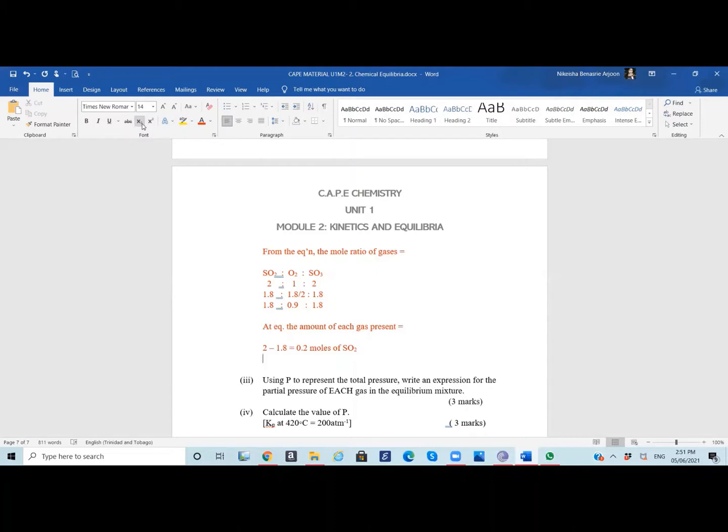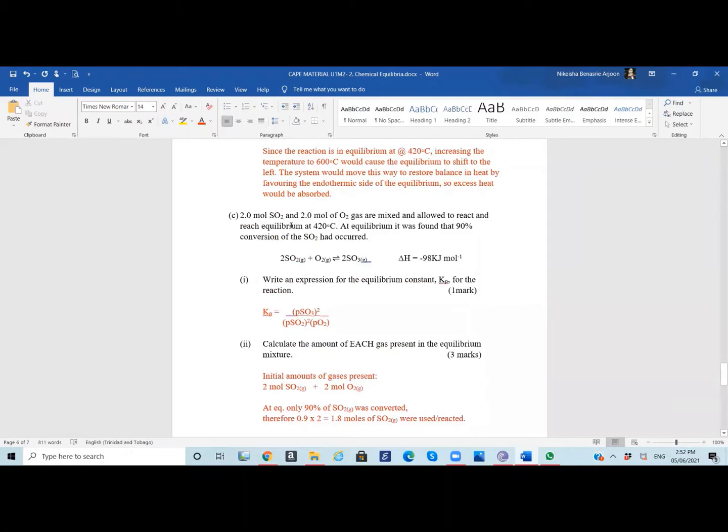What about oxygen? We started with initially, that's where we're looking at. We use the amounts that are actually in the system. We plug it into the ratio to determine how much of each reactant reacts, how much product is produced. So 2 moles of SO2 and 2 moles of oxygen at the beginning, those two were mixed together.